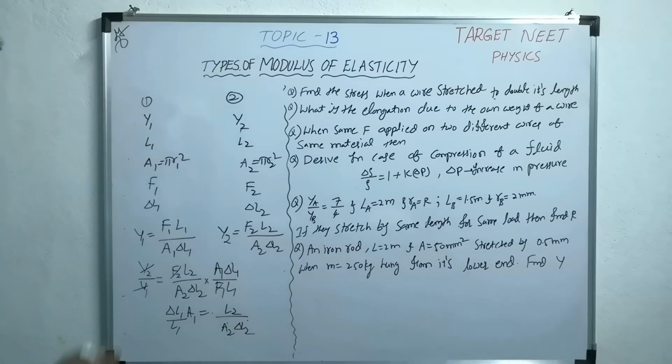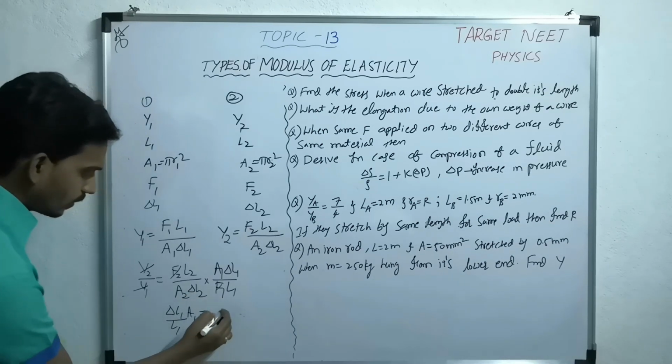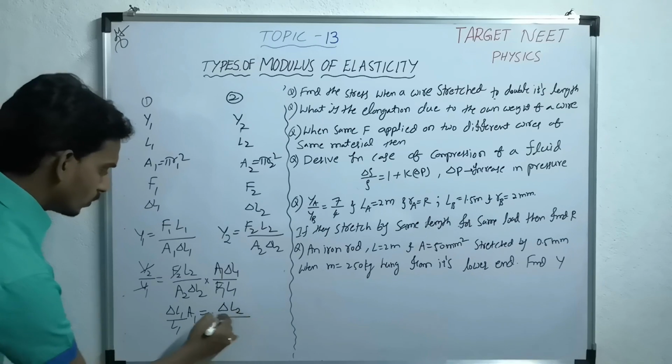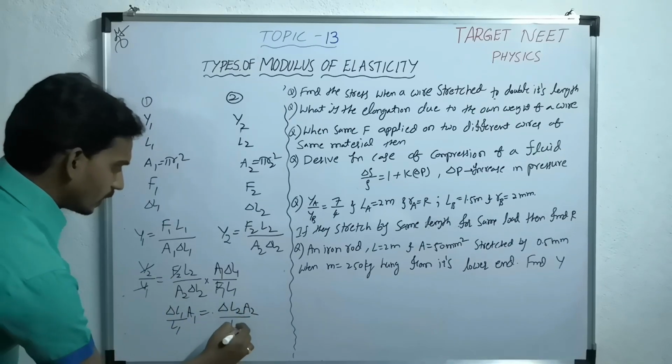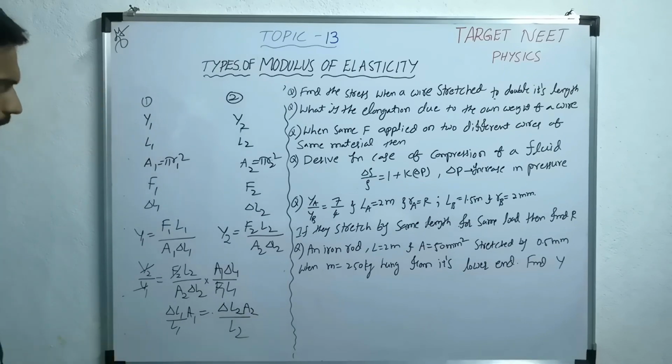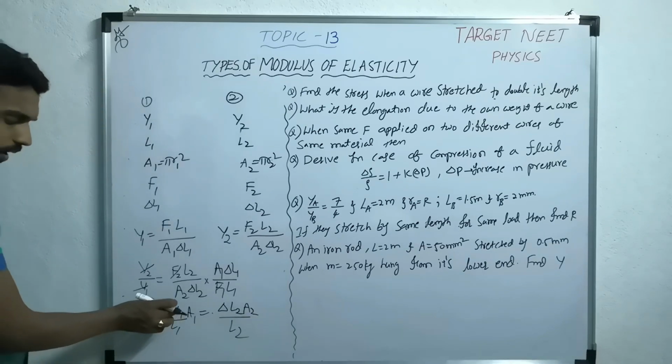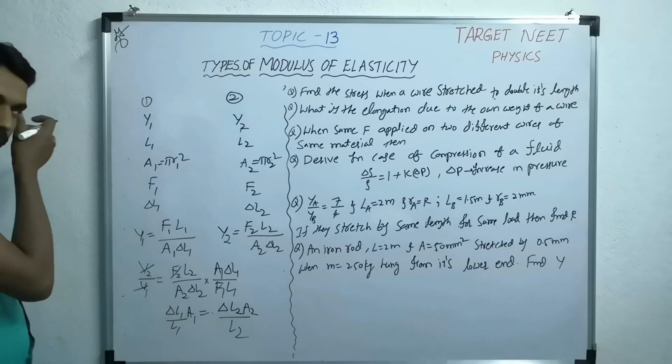Now from this, if you bring this side, delta L2 A2 by L2. That means the value of delta L A by L remains same.